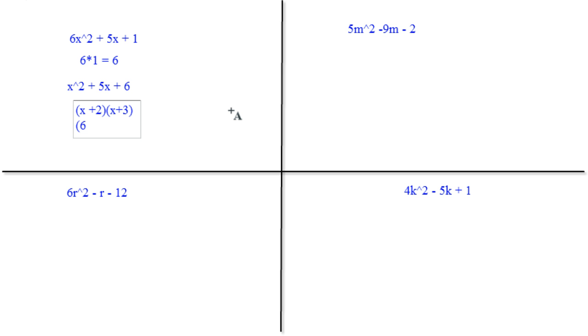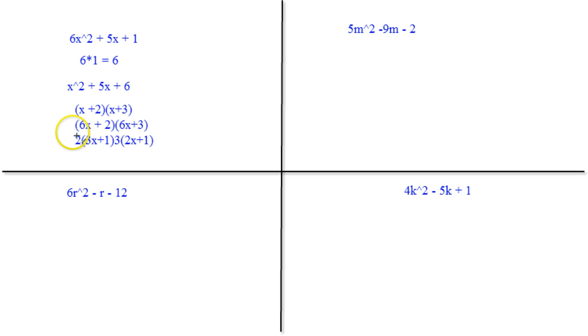So this is 6x plus 2, and this is going to be 6x plus 3. So we factor out as much as we can. We're going to factor out a 2 out of the first one, so it's going to be 3x plus 1. And the second one is going to be factoring out a 3, so that's a 3 times 2x plus 1.